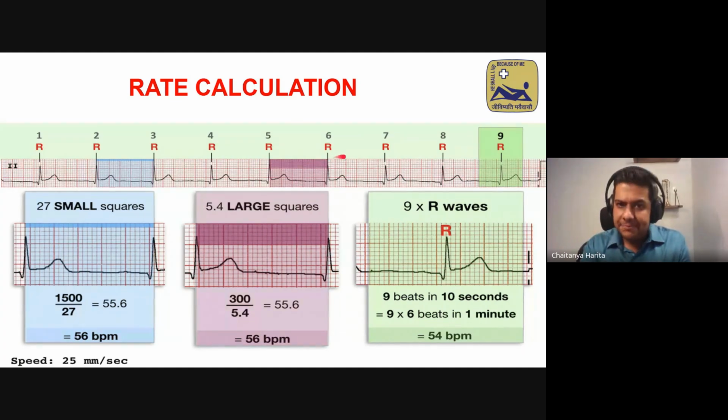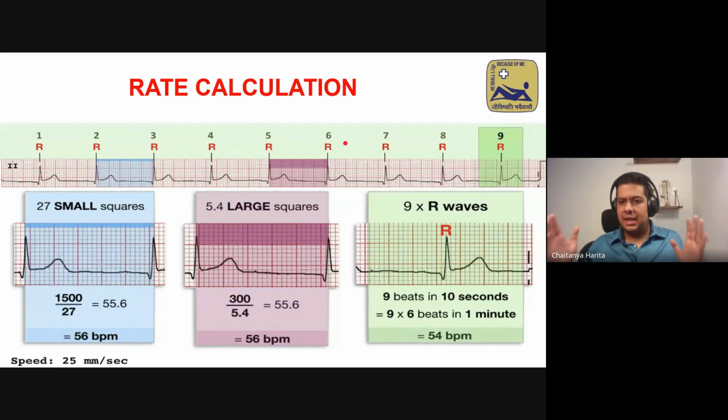So what do you do then? As I told you, at the bottom of every ECG, lead 2, there are about 10 seconds worth of complexes. In 10 seconds, which is about 50 large boxes, you count the number of R waves, not the RR interval. You count 1, 2, 3, 4, 5, 6. You count the number of R waves.